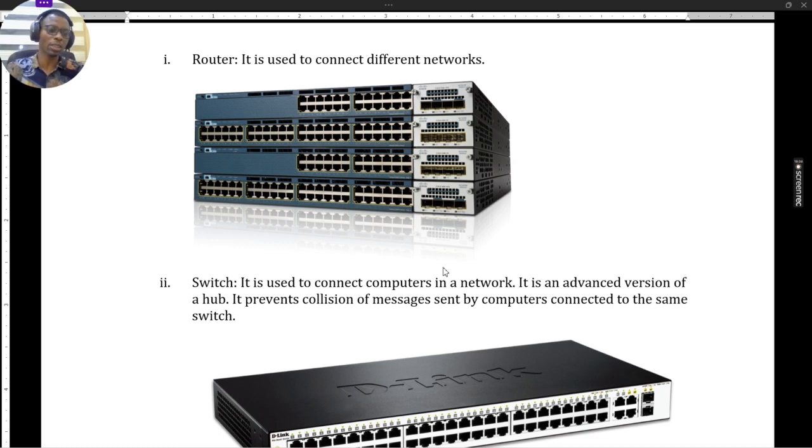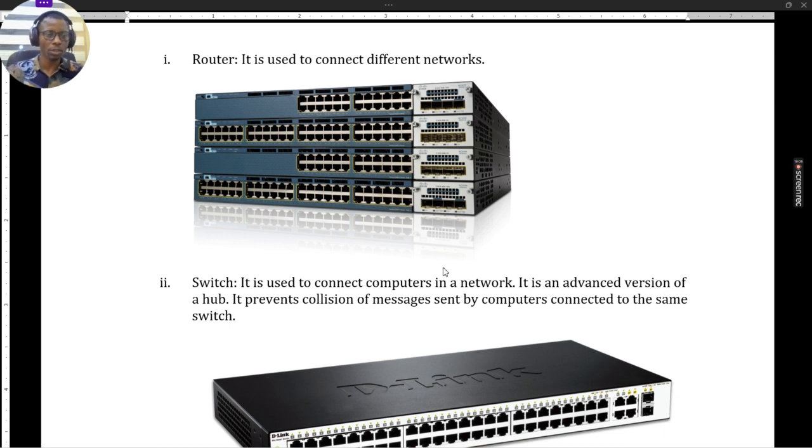Then A2 receives the information and says, no, this is not meant for me, and drops it. And A3 receives the information and says, okay, this is meant for me, then it accepts it. So that's actually the principle of how a hub works. Because it can't actually identify the destination, it makes the traffic so congested.